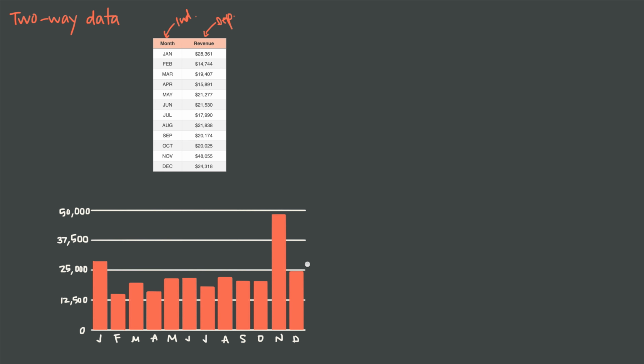So now, how is two-way data different than one-way data? Well, this here is actually a table that we're saying displays the revenue earned by an artist in each month of the year. But we're saying that this artist has been in business from 2014 through 2017.